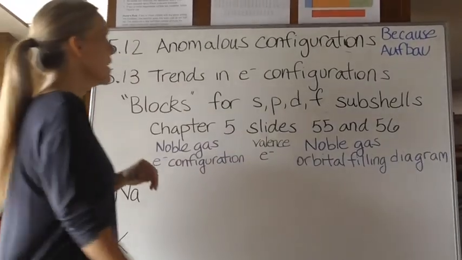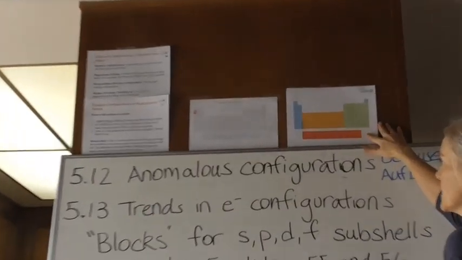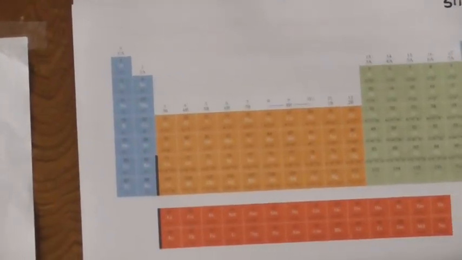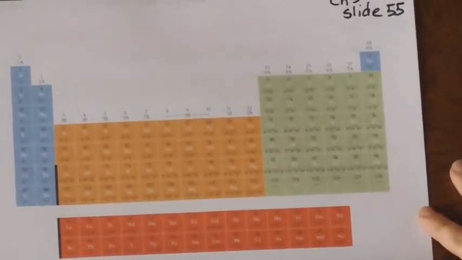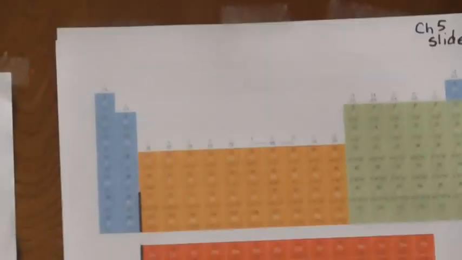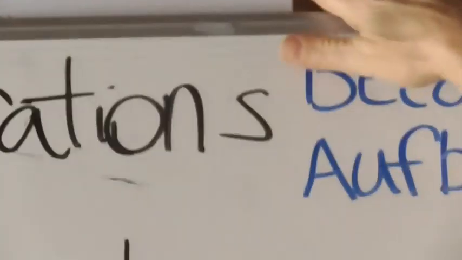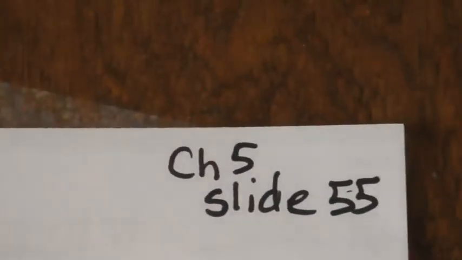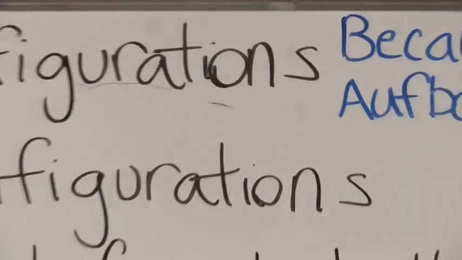So if you look up here at this slide, if you want to go print this out really quick, why don't you pause the video and go print out slide 55 and slide 56. So pause the video, do that.